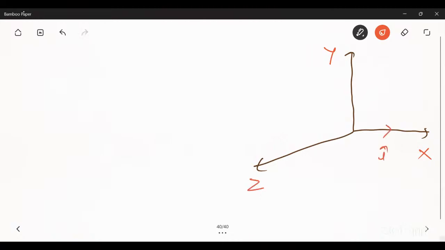The unit vector in the x direction is i cap, the unit vector in the y direction is j cap, and the unit vector in the z direction is k cap. Okay, suppose a vector is there also. So i dot i: apply the A dot B formula, mod A mod B cos theta, so mod i, mod i, cos 0 degrees. Mod i is 1, mod i is 1, cos 0 is 1. So i dot i is always 1.